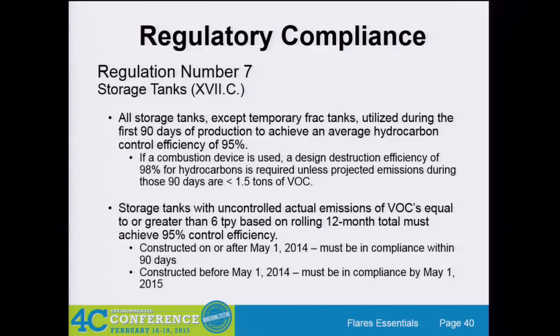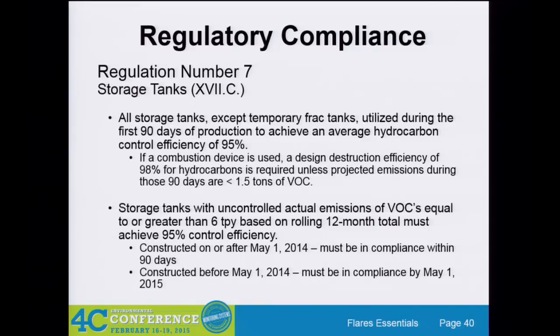So Colorado says, hey, we know this well about the industry, so you've got to control emissions from storage tank, temporary frac tanks during the first 90 days of production, no matter what. There is no trigger, but they do give you an out. If you're in an area that's not producing like you expected and the total emissions are less than 1.5 tons per VOC, you don't have to put the controls on. So, wow, all startups, flowbacks, got to be controlled for the first 90 days.